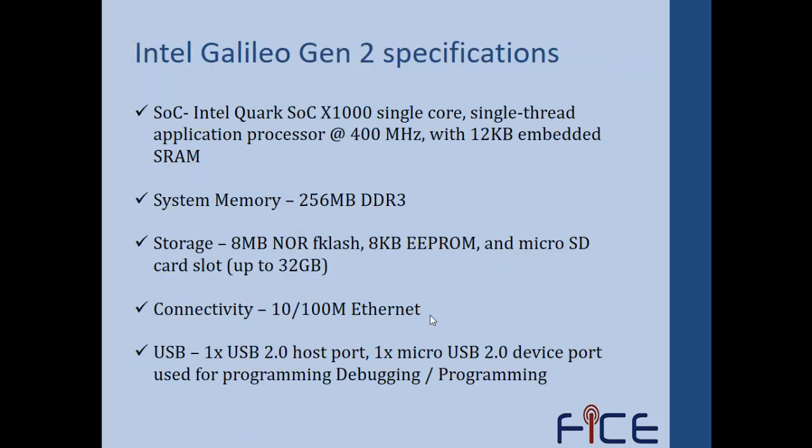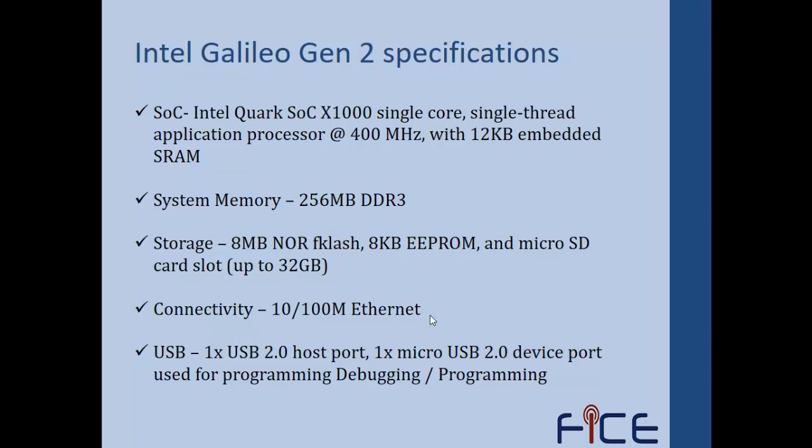Alright, this is what we have in Intel Galileo Gen 2 application development. Before starting programming with Intel Galileo Gen 2 using Arduino APIs and the Arduino IDE, let's talk about the hardware specifications of the board. The Intel Galileo Gen 2 board is based on an SoC, system on chip, the Intel Quark SoC X1000, a single core single thread application processor that operates at 400 MHz clock frequency with 512 KB embedded SRAM, that is static RAM.